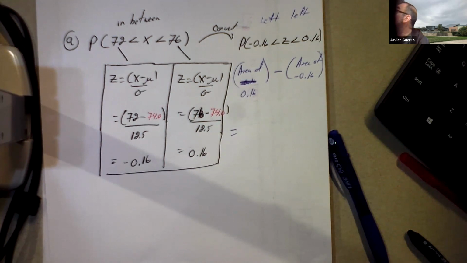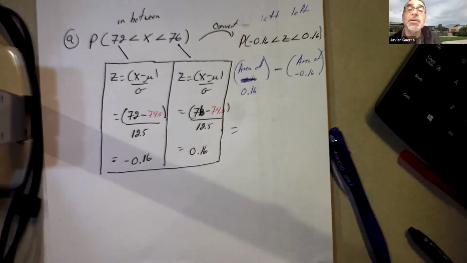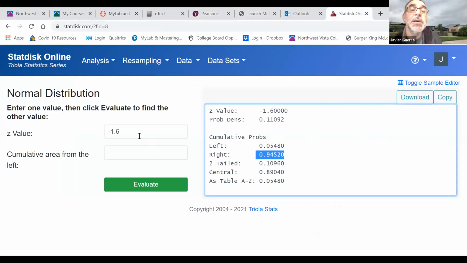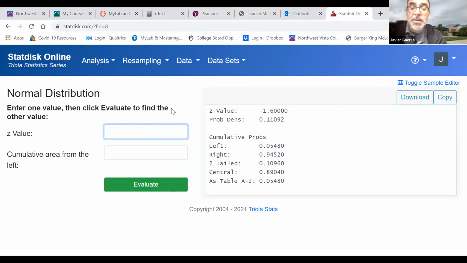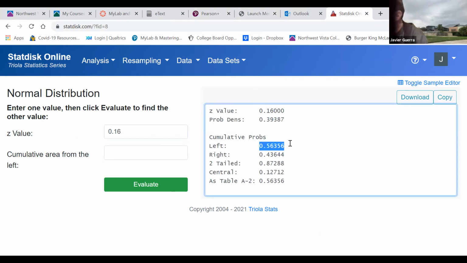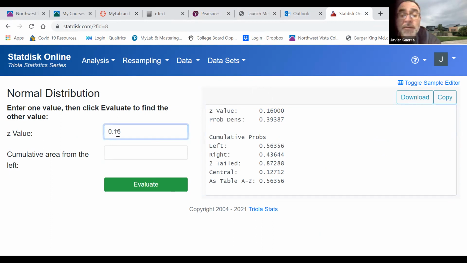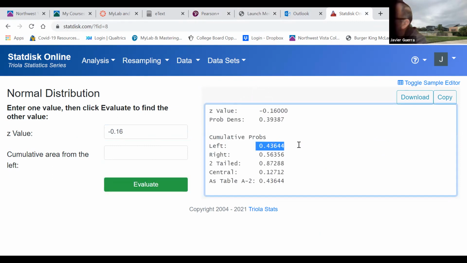Okay, so let me look up the positive first, and then we'll look up the negative, and we're gonna subtract them. All right, let's look at the positive one. 0.16 to the left, 0.5636. Now I gotta put a negative: 0.4364.